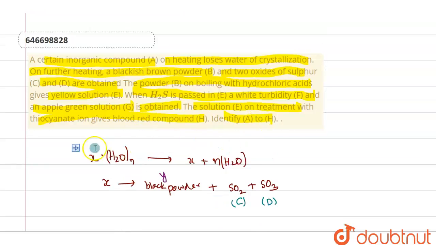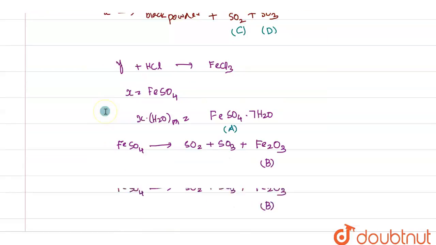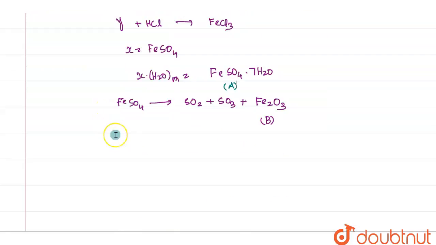Then what is mentioned is this yellow solution is FeCl3. The reaction is basically Fe2O3 in HCl gives FeCl3 plus H2O.